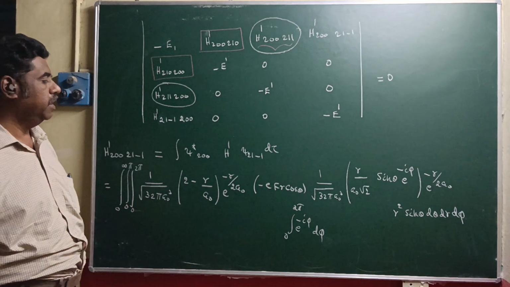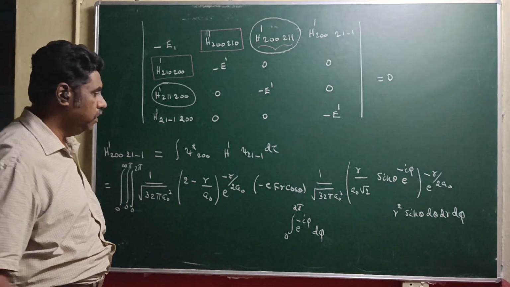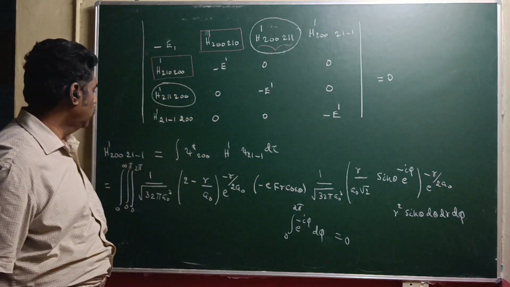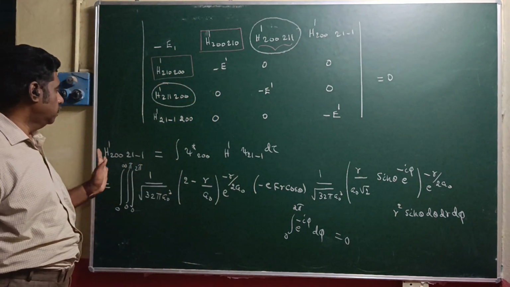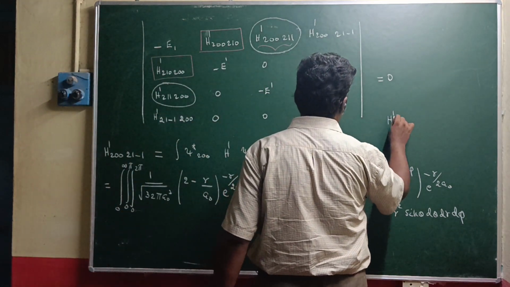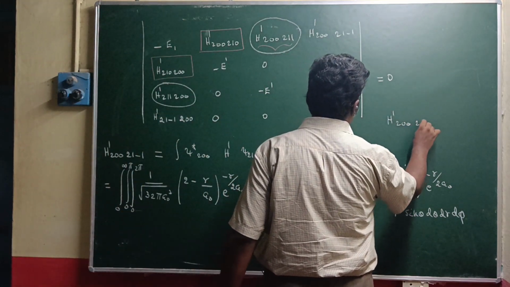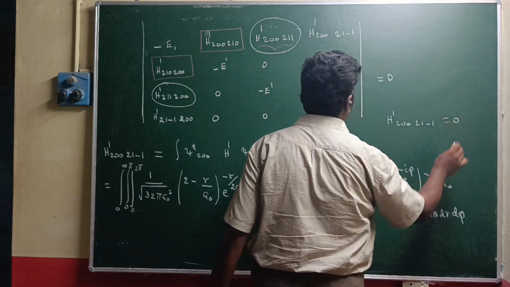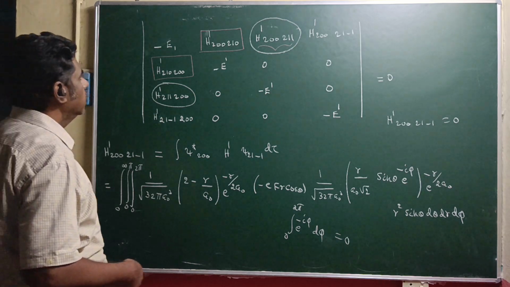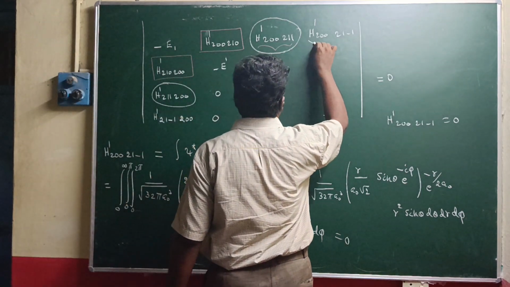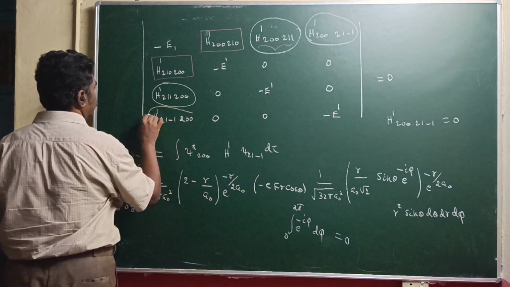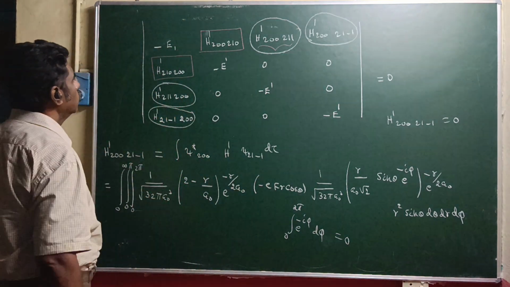The value of e power minus i phi d phi, limit varying from 0 to 2 pi, is 0. Therefore, the entire term vanishes. So the term H1 200 21 minus 1 is also 0. Then we may say this value is 0, so this is also 0.